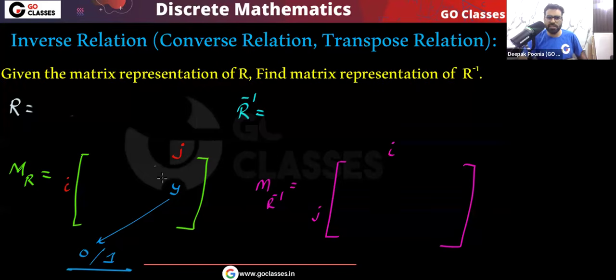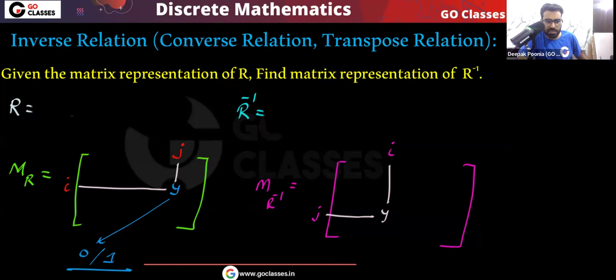I hope you are understanding the point: whatever value you put in cell (i, j), that same value will go in cell (j, i) in the matrix representation of R inverse. I hope you got the point.